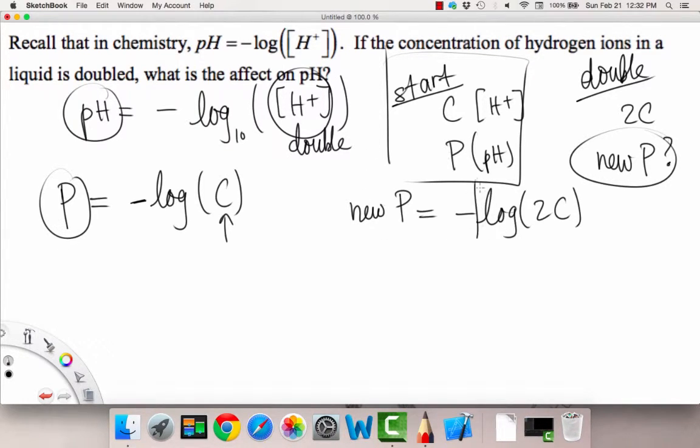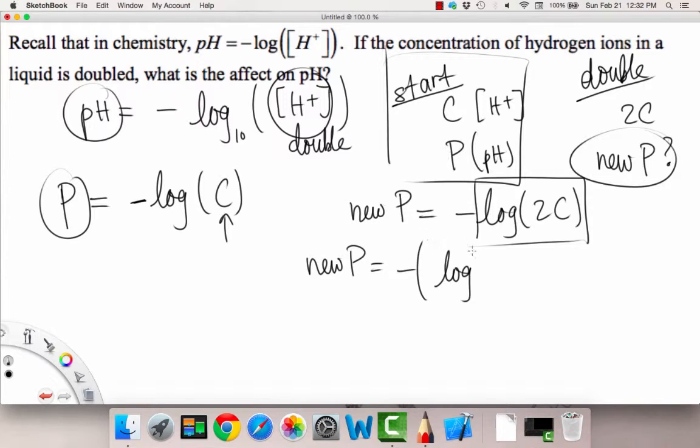So what we do see is that this log, we're taking a log of a product of two things, right? And now that we know the sum property of logs, we can actually break this up. So our new pH is equal to negative times log. I'm just going to keep the negative outside for now, just so we don't get super confused.